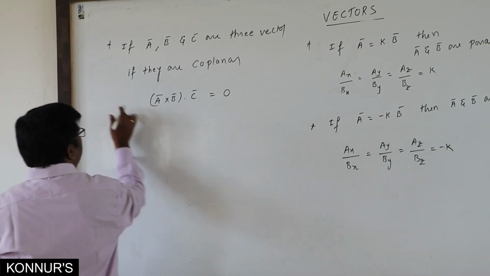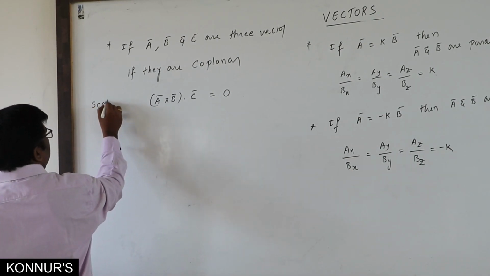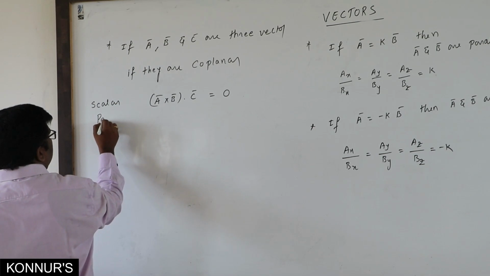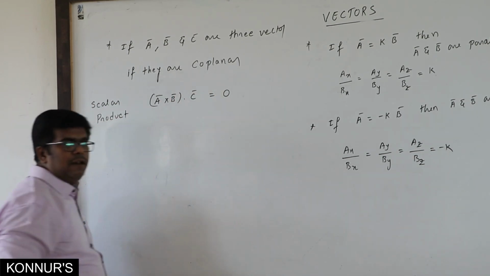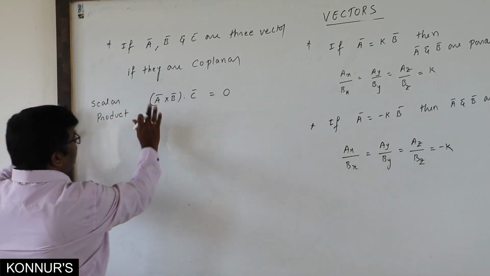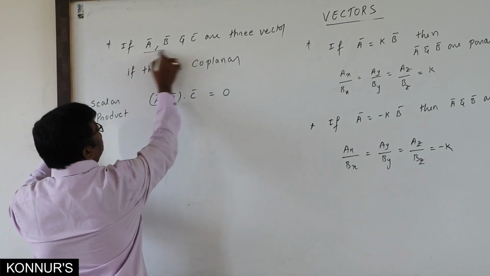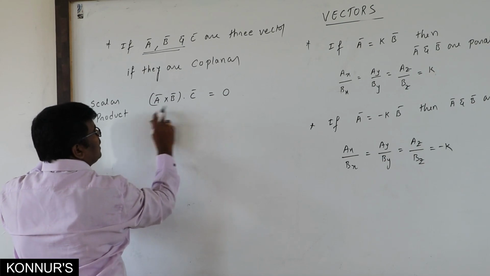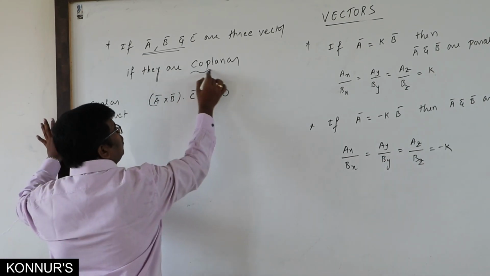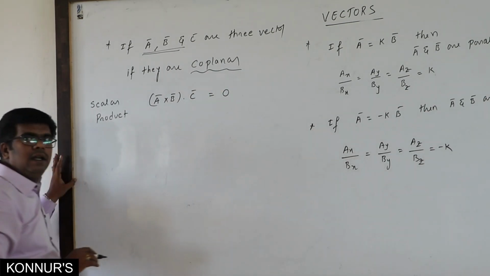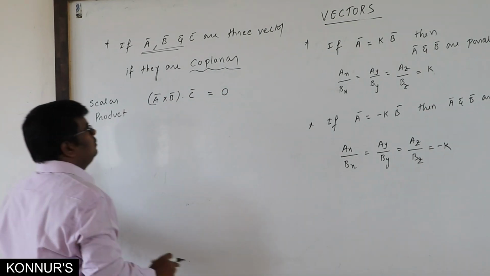If this scalar product is 0, then we can say A bar, B bar and C bar lie in the same plane. So if three vectors are given and you find the scalar product and get the result 0, you can understand those vectors are coplanar.